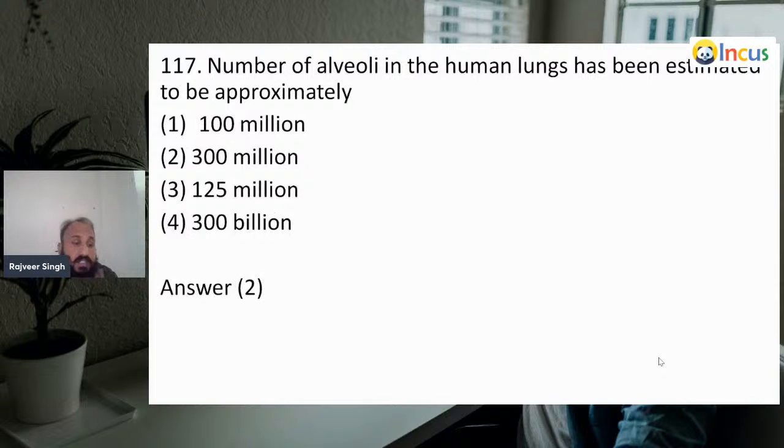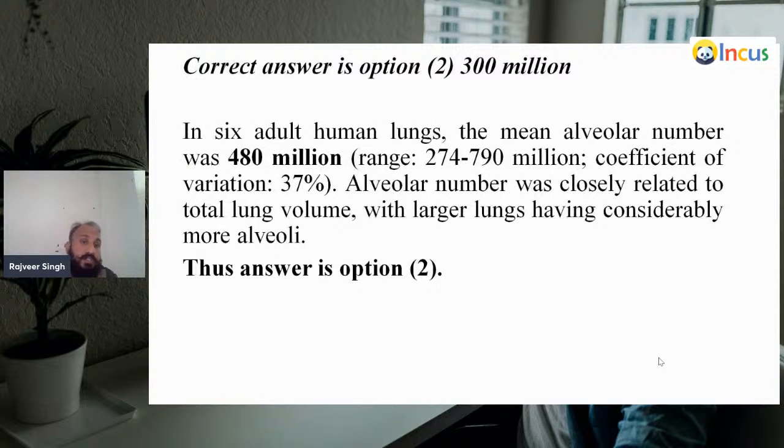Then next question: the number of alveoli in the human lungs can be estimated to be approximately what? 100 million, 300 million, 125 million, and 300 million. Answer will be second, 300 million is the right answer, because in 6 adult human lungs, the mean alveolar number was 480 million, range was 274 to 790 million.